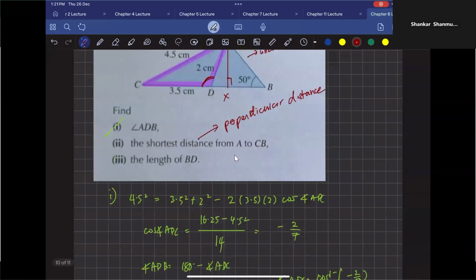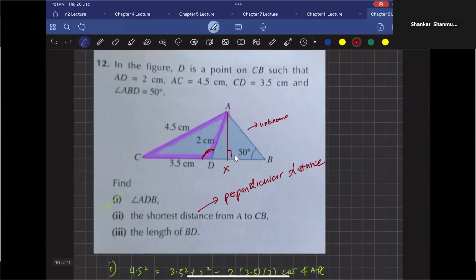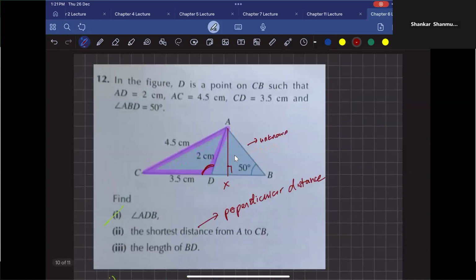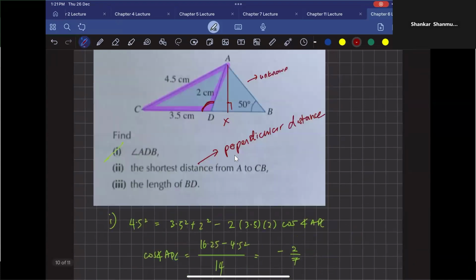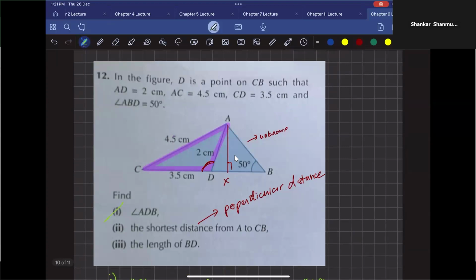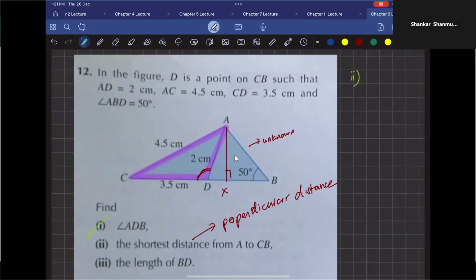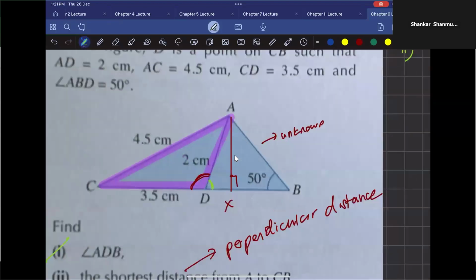So let's see, can we find AB? Yes, we can use the sine rule to find the side AB. This angle is calculated to be 73.4.